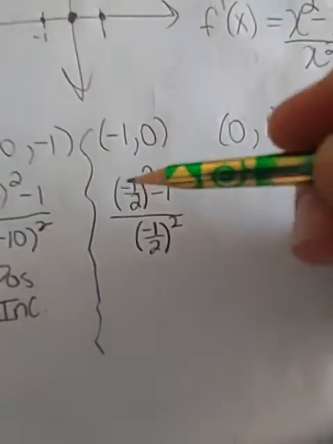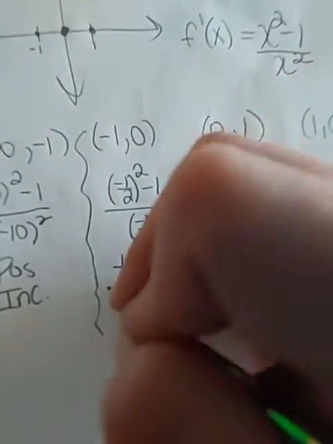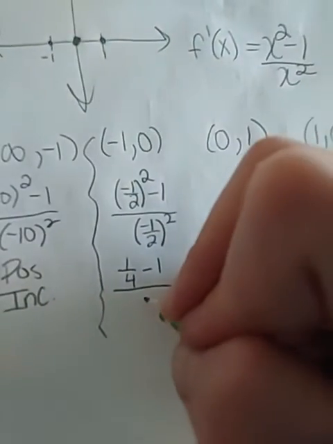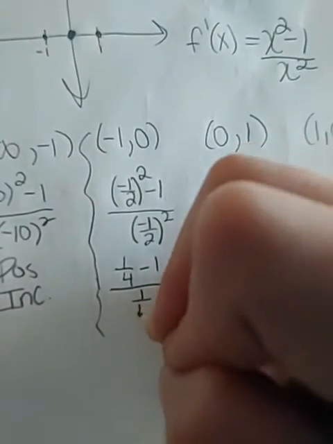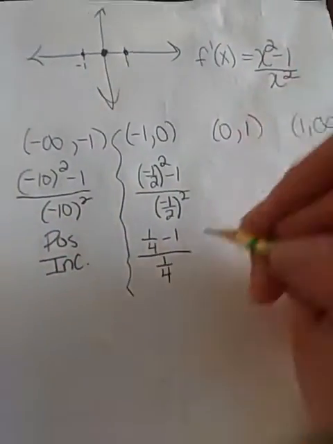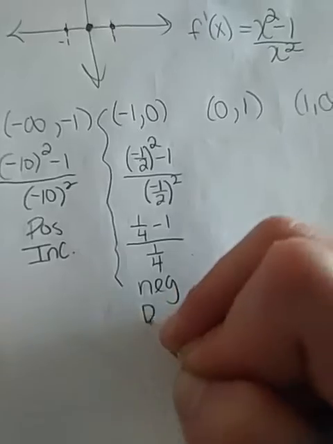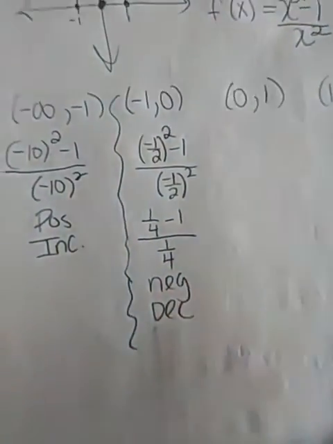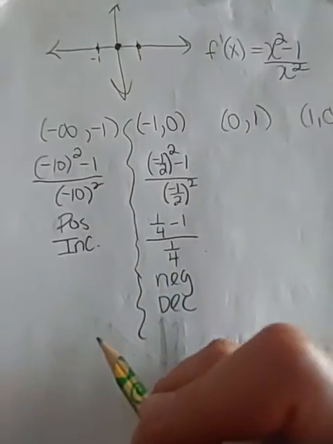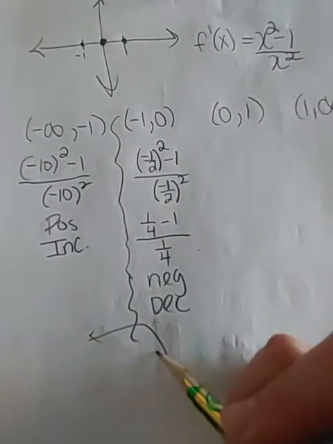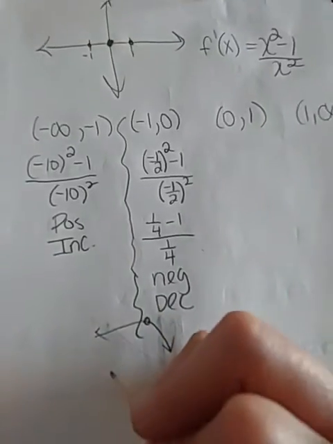Negative 1/2 squared is 1/4 minus 1. That's negative over a positive, because negative 1/2 squared is 1/4. So negative over positive is negative, which means we're decreasing. All right, so remember, this was a critical value here. Because I went from increasing to decreasing, I know that I have a relative max here.